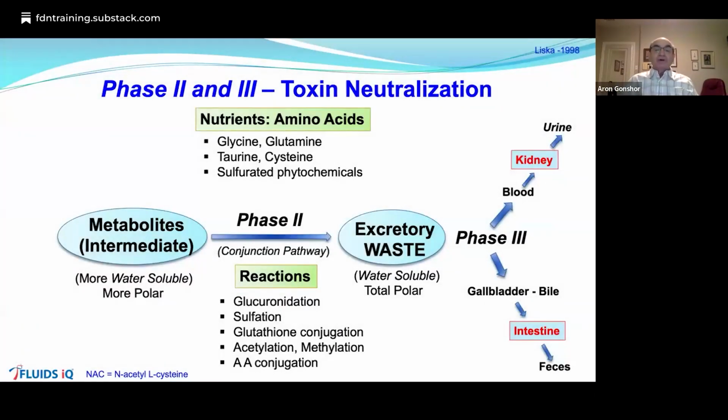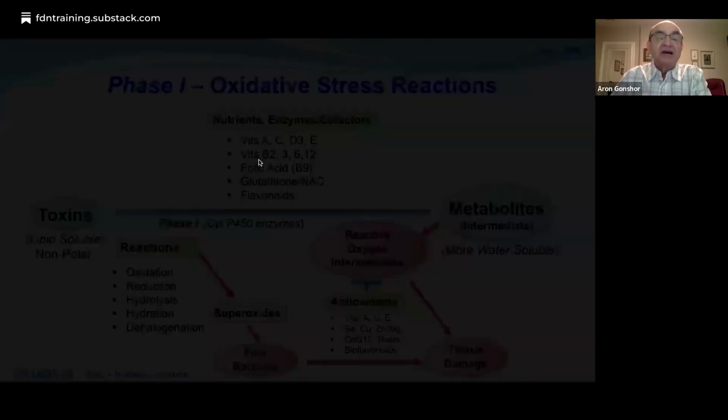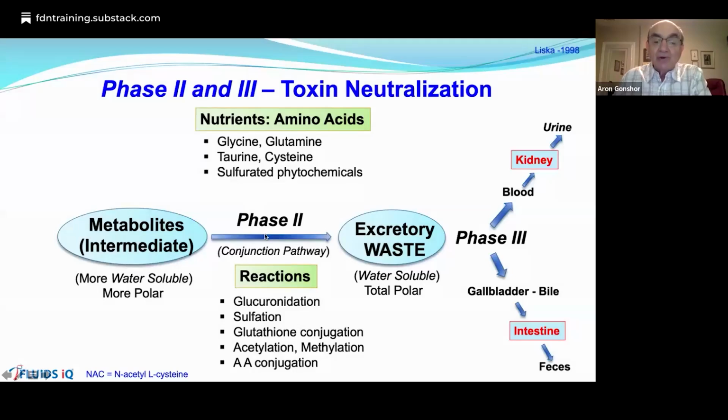And what do you want to do? You want to get them to a point where these metabolites, these intermediates, can then be joined up. They can conjugate, come together with everything from glycine and glutamine and taurine, all kinds of other substances that is going to allow you to then take that intermediate metabolite, which is still a problem, and turn it into a totally water soluble excretory waste product.